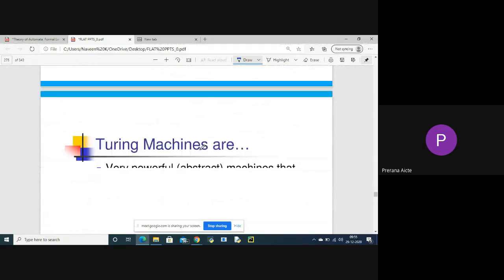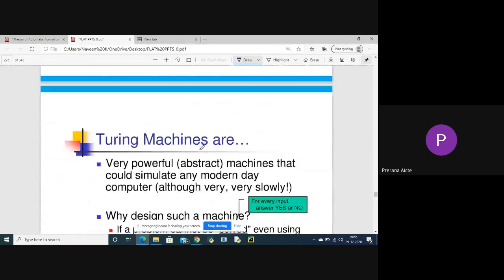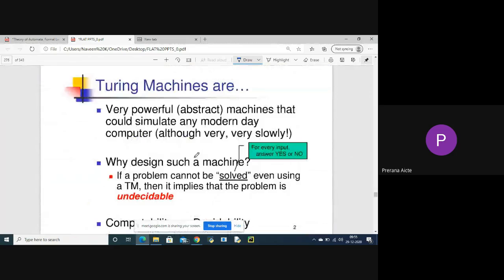Here, coming to the previous three machines, finite automata, pushdown automata and linear bound automata, these three machines contain a number of restrictions to perform the following operations.